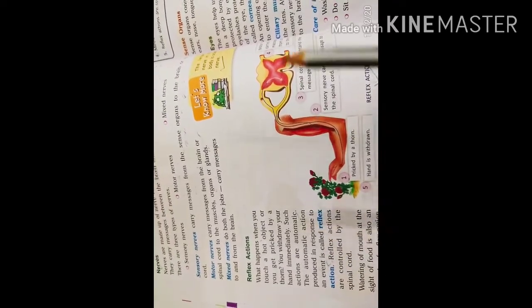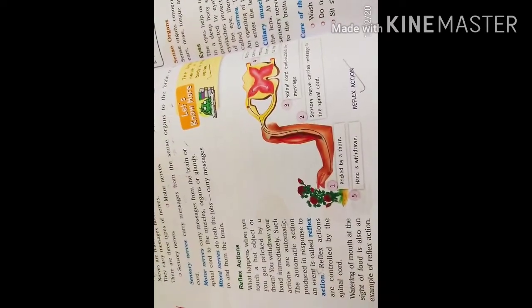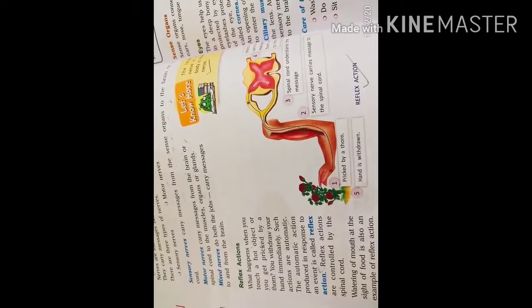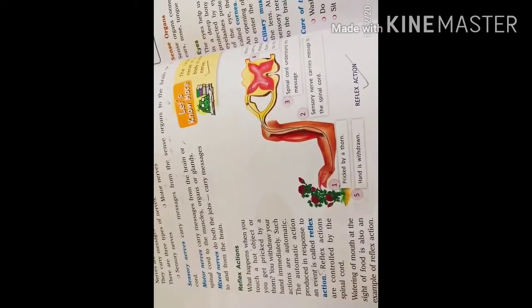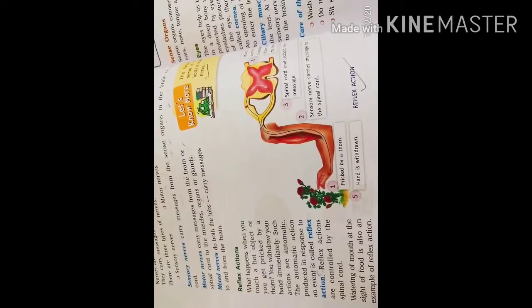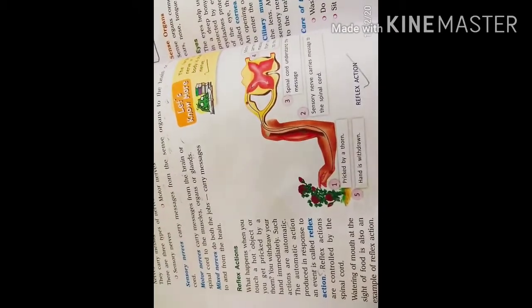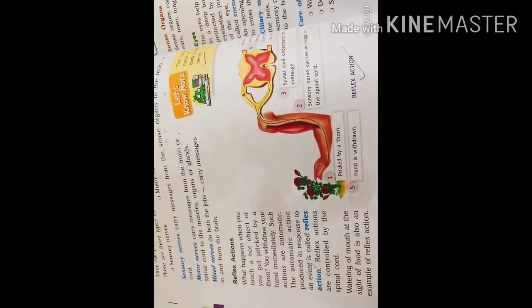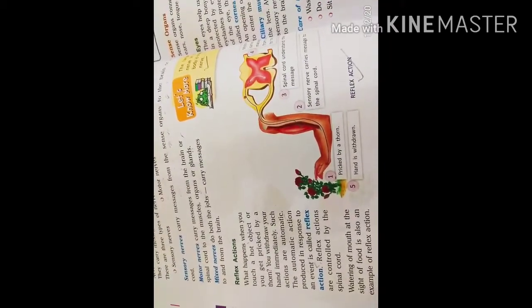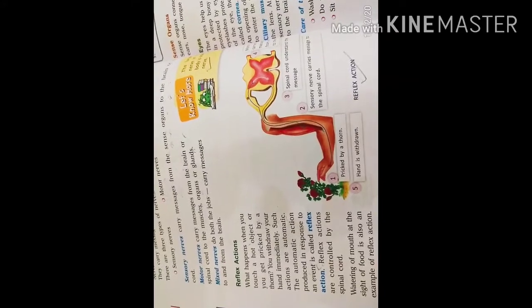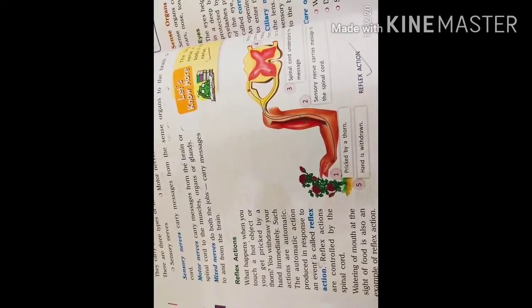Reflex action is a sudden response. Sudden means which happens suddenly, which is not fixed. They happen accidentally or suddenly. The automatic response of the body towards this event is called reflex action.